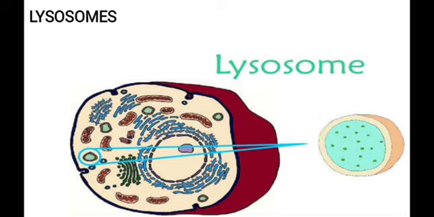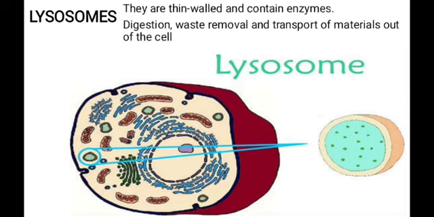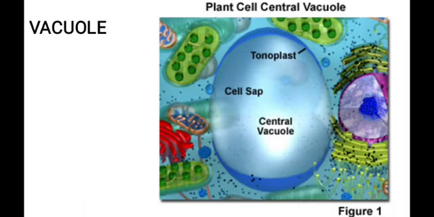Next is lysosome. Lysosomes are thin-walled and contain enzyme, and they are involved in digestion, waste removal, and transport of materials out of the cell. The next one is the vacuole.